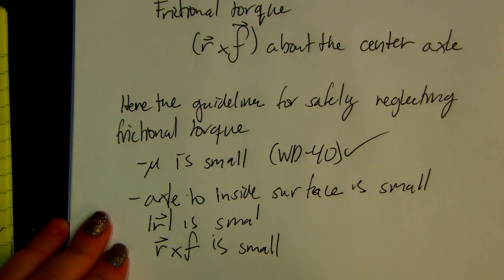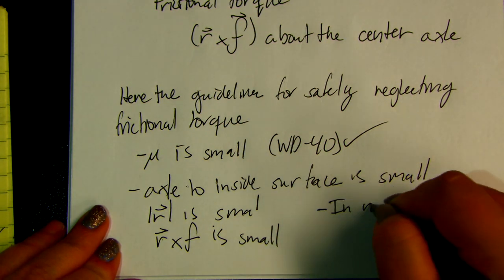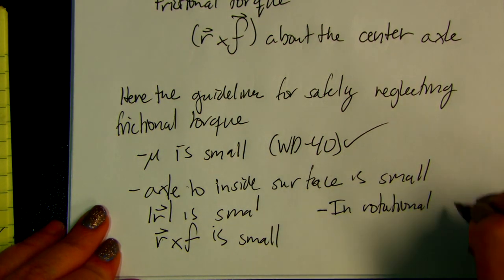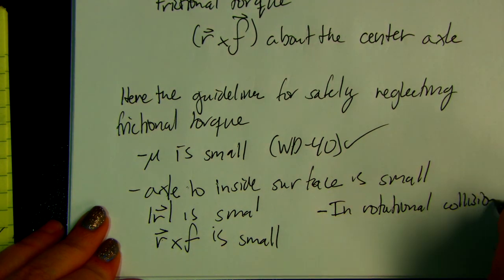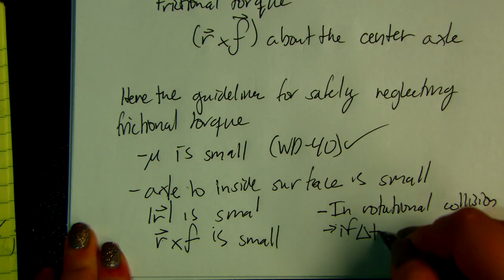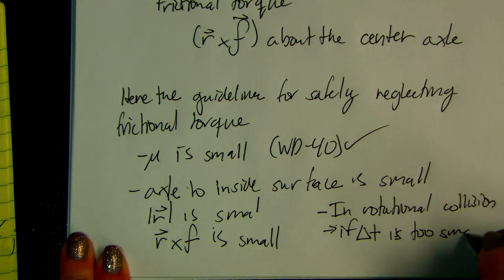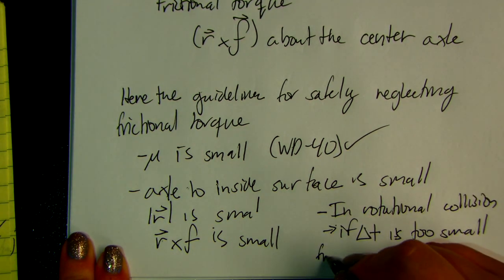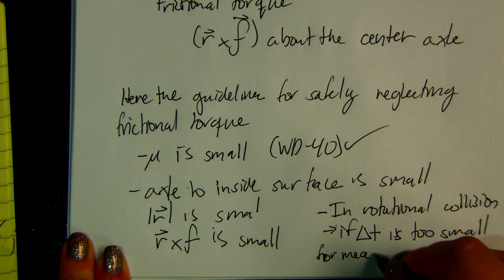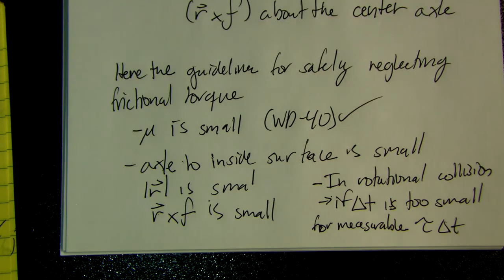Okay, so in a rotational collision, you can safely neglect friction if delta t is too small for any measurable tau delta t.